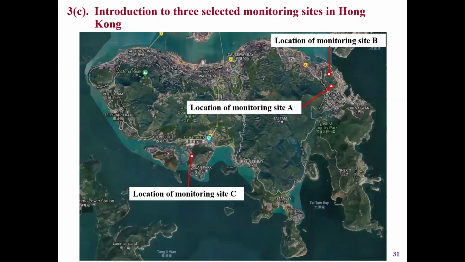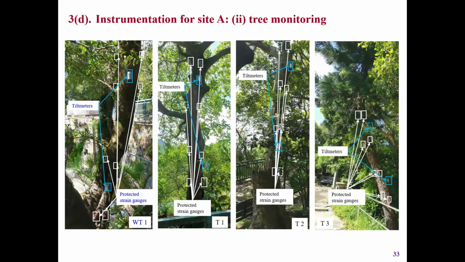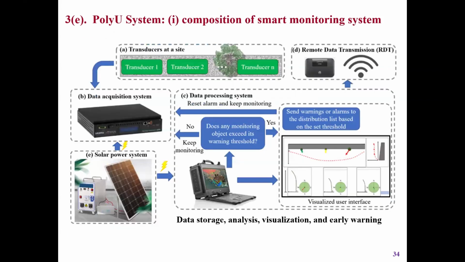We installed 3 systems on 2 sides in Hong Kong. This is one example to see the old stone walls and the trees. We put horizontal beams and vertical beams, and on the trees we install the altimeter and the strain gauges. You can see quite a number of trees. The whole system, I won't go into details. The data can be transmitted to a mobile phone or PC computer and give you warning.